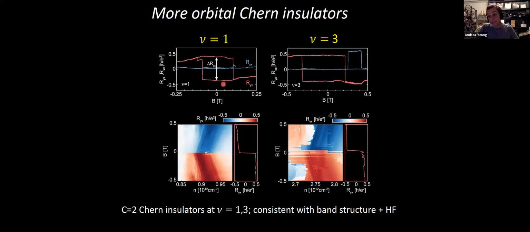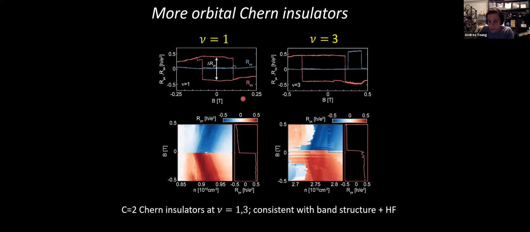In this 3-layer system, you end up with Chern band of 2 and Chern band of -1. There's a wide region of parameter space for band structure modeling that seems to produce those types of Chern numbers. So it's maybe not so shocking.